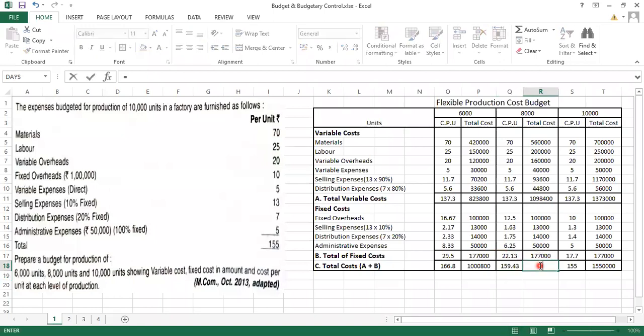Same way, add the total cost. 12,75,400. And with this, we are done with the sum because they have just told us to prepare a budget for the production. So we have prepared the cost per unit and the total cost, in both the ways.